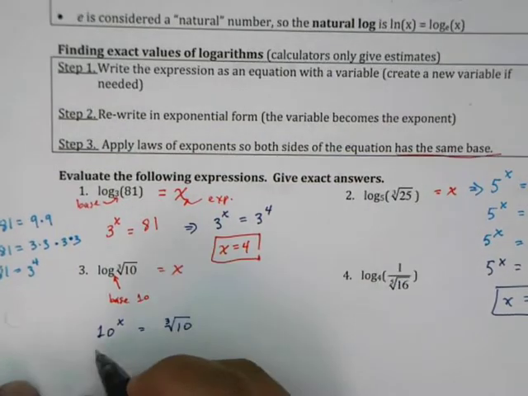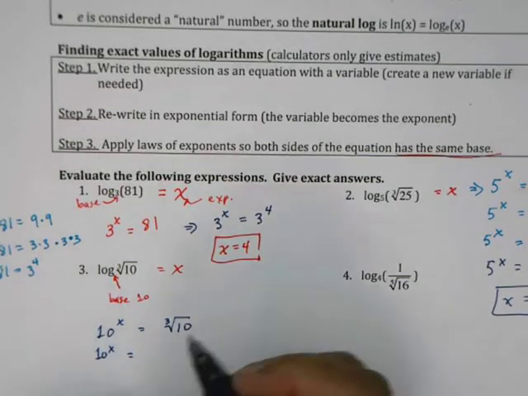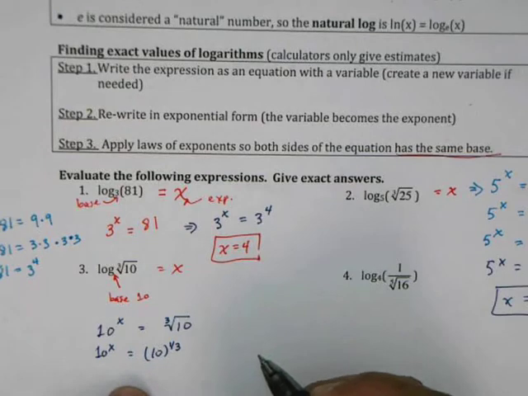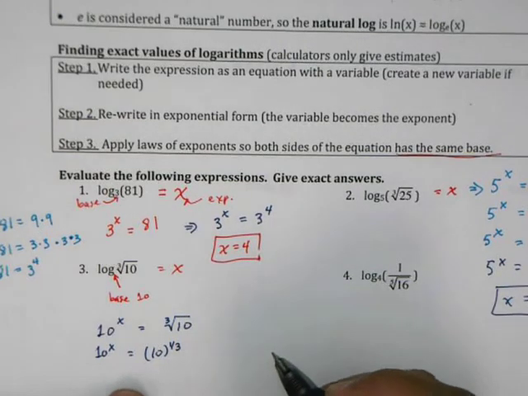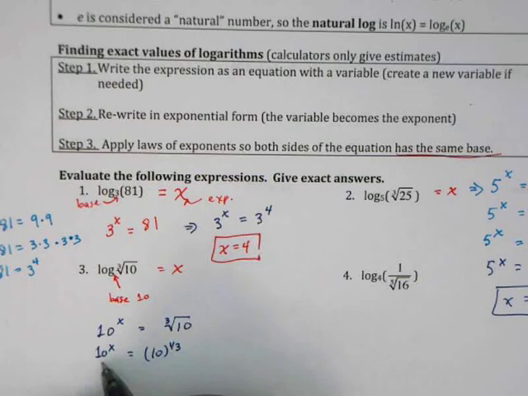So 10 to the x is equal to 10 to the 1/3. And that basically gives me my answer. The bases are the same. I have x here, 1/3 here. x has to be equal to 1/3.